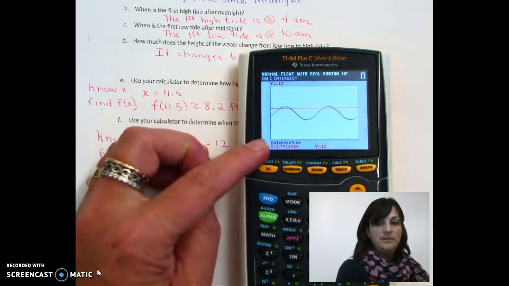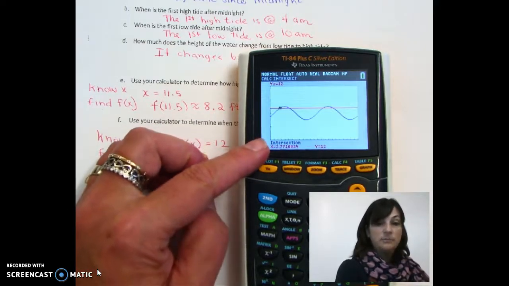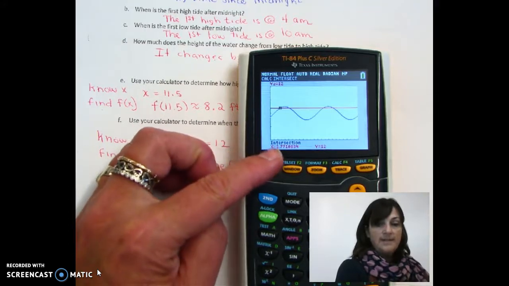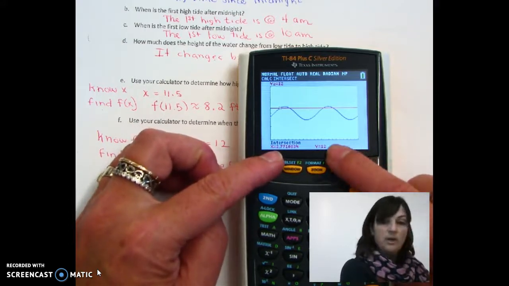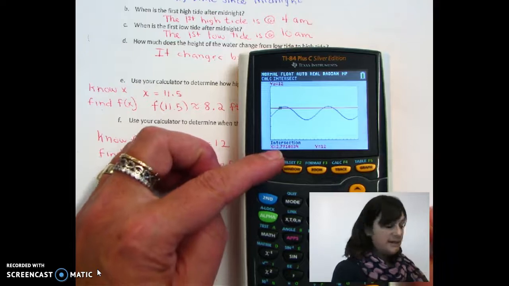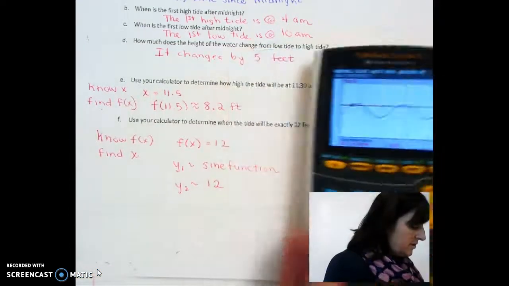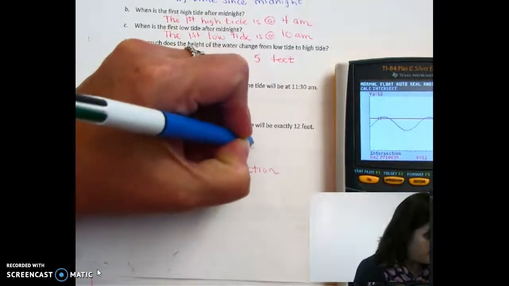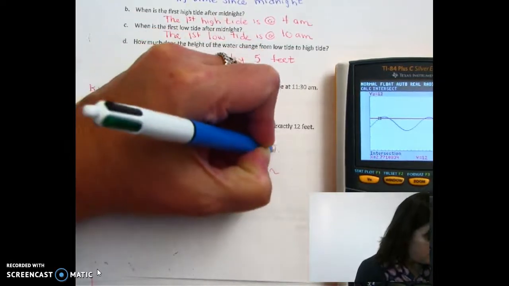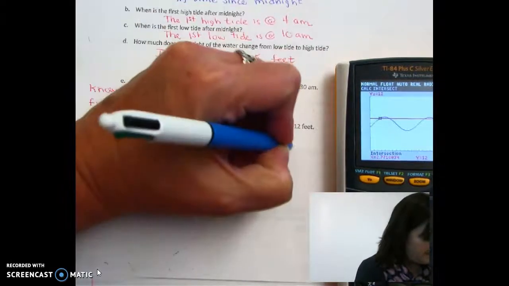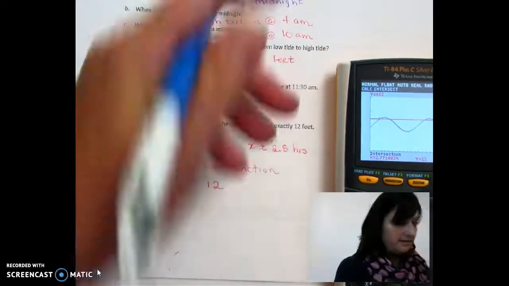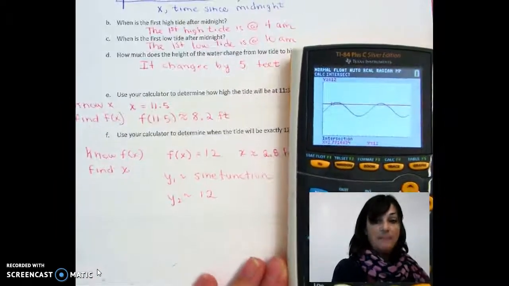You'll know you've pressed enter enough times when the word intersection appears right here. So I can see that when y is exactly 12, the x value is 2.77. So the solutions to this equation are x is approximately 2.8 hours after midnight, so almost 3 a.m.